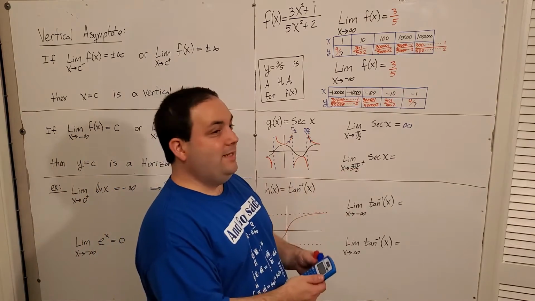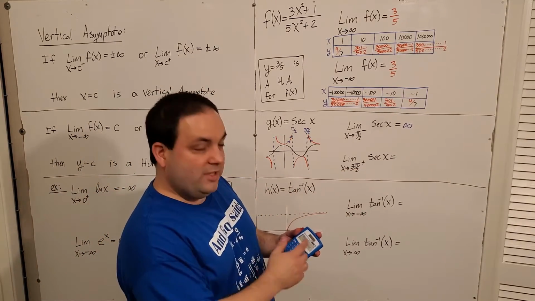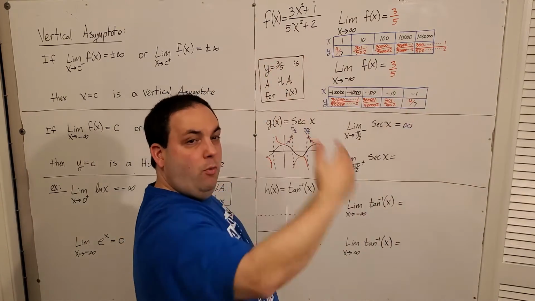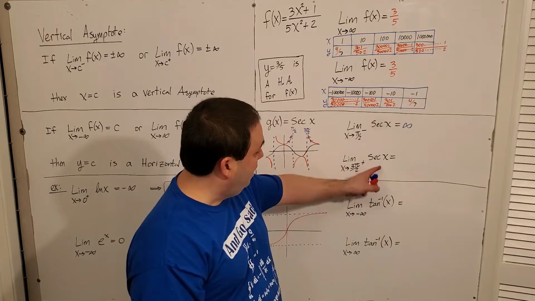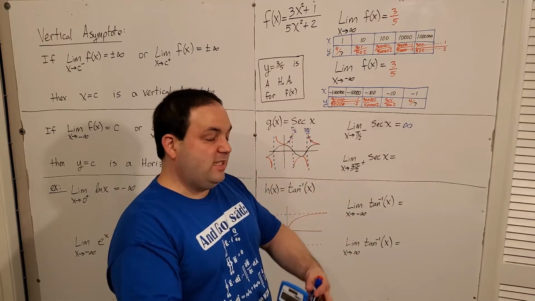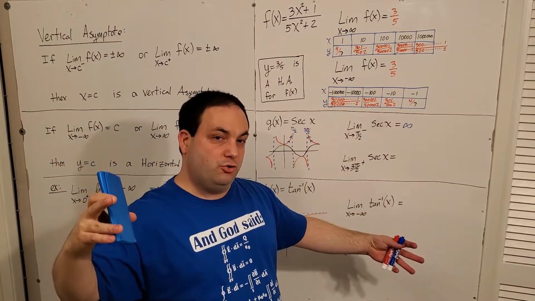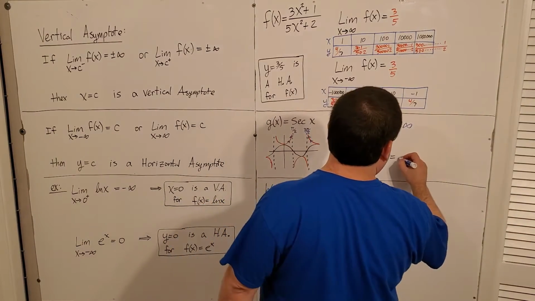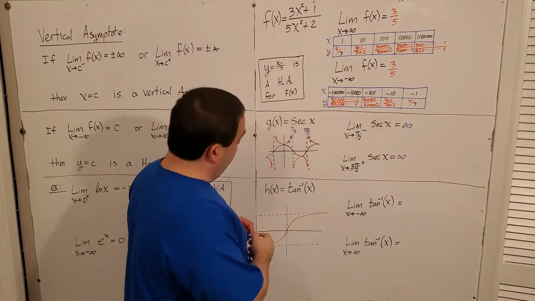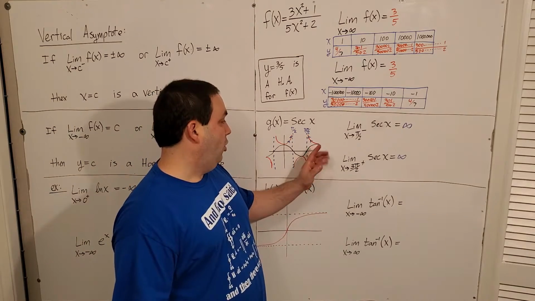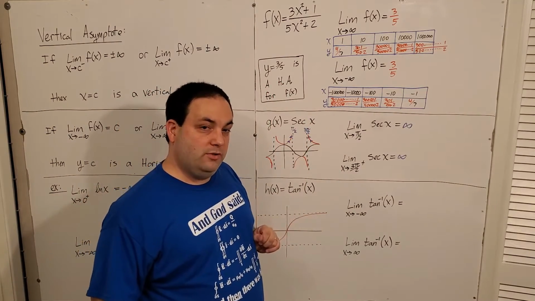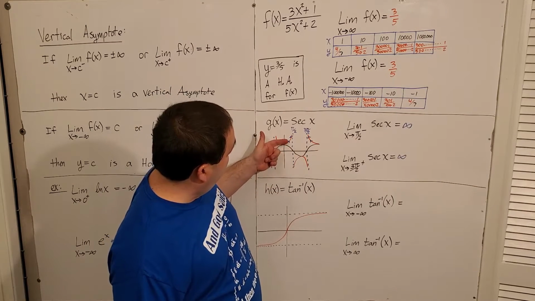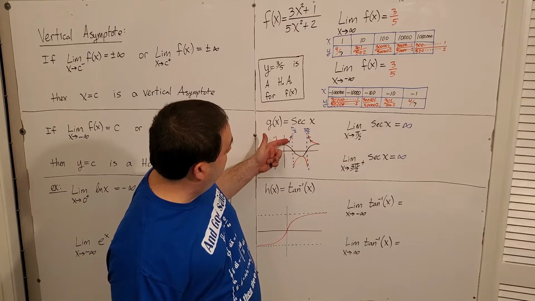So from the right, if you're approaching 4.71, start with 4.9, 4.8, 4.75. You keep plugging those into secant, and you're going to see the value just explode. Again, this one's going to be positive because those numbers that you're plugging in are quadrant 4 numbers. Cosine and secant are positive there. Same thing right here, you're plugging in quadrant 1 numbers.